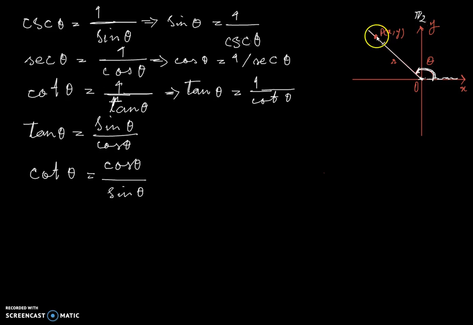And so here you get basically a triangle, something like this. And this would be your x value, this would be your y value, and this would be your r value. And according to the Pythagorean theorem, you basically know that r squared is equal to x squared plus y squared.